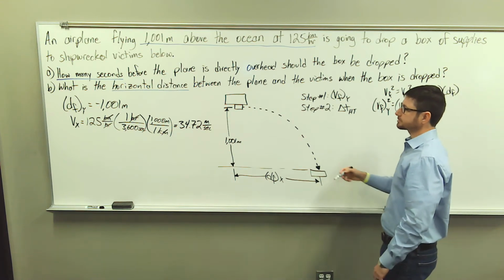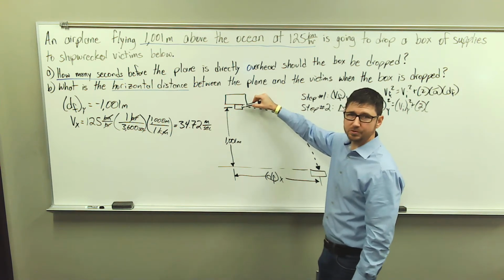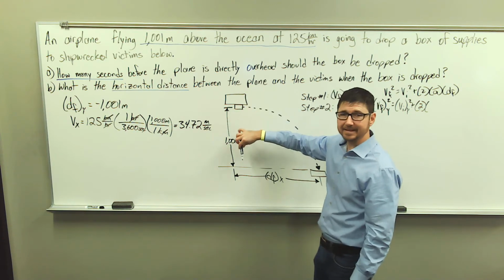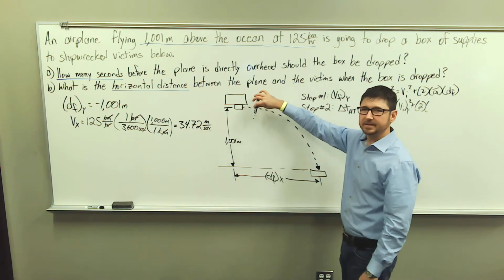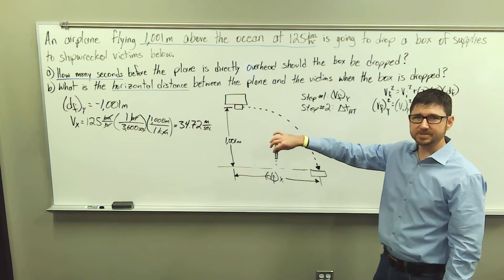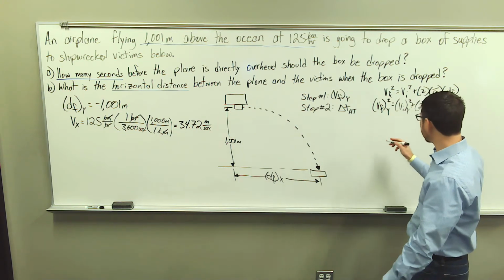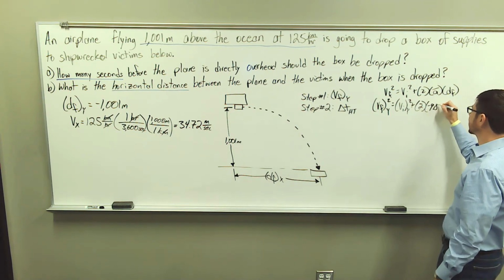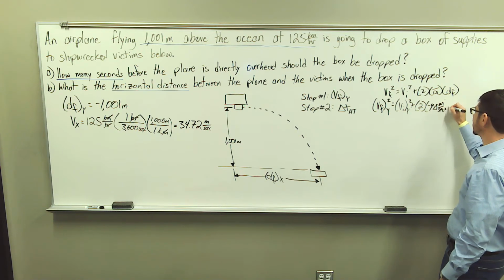Now we know that the box, once it's dropped, is going to accelerate in a negative y direction, negative 9.8 meters per second squared. So the acceleration due to gravity. So negative 9.8 meters per second squared.